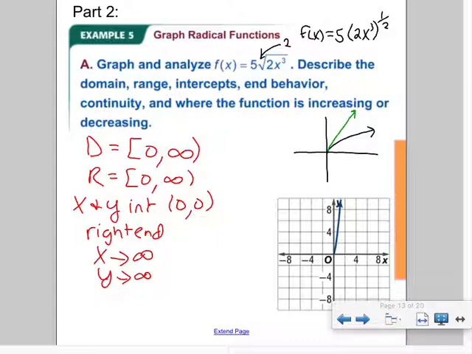For continuity, just go back and look at your domain. Most of these functions will be continuous along their domain, so it's continuous from 0 to infinity. The only thing different, sometimes they don't always include that 0 in the continuity. And then let's ask ourselves, is this function increasing or decreasing?